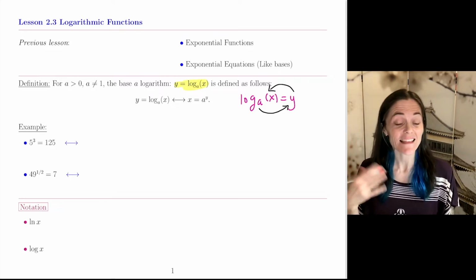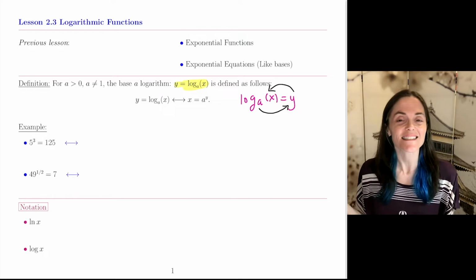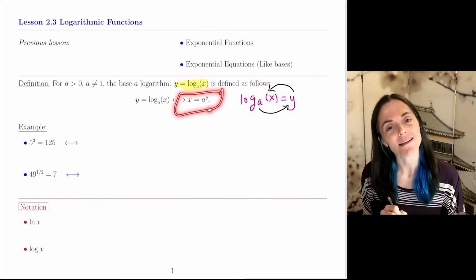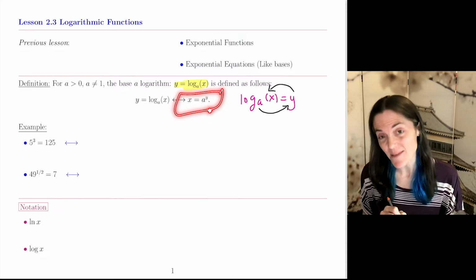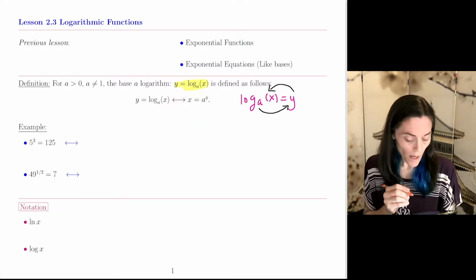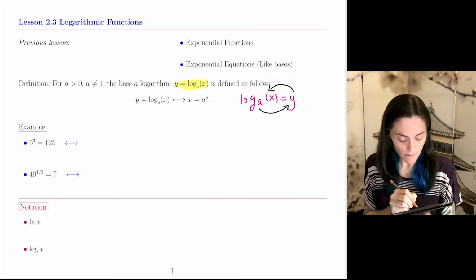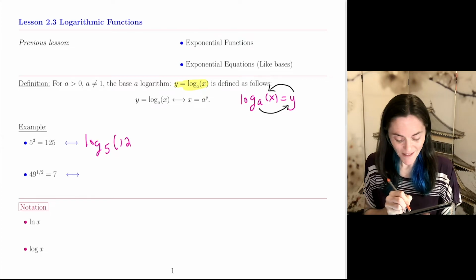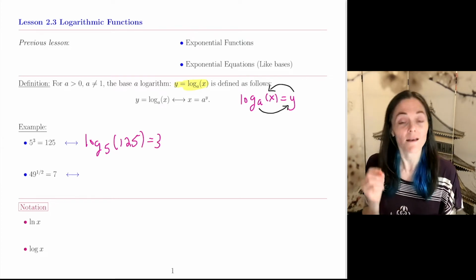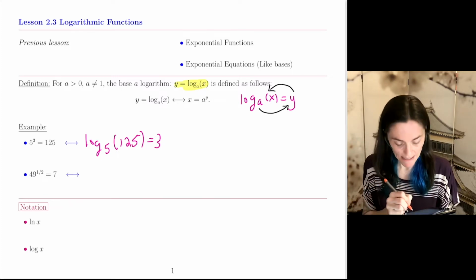So let's look at these exponential equations just as an example. And let's write down the corresponding statement about a logarithm. This is our first exercise. Here we see log base 5 of 125 equals 3. And you can put the arrows to make sure this makes sense, right?